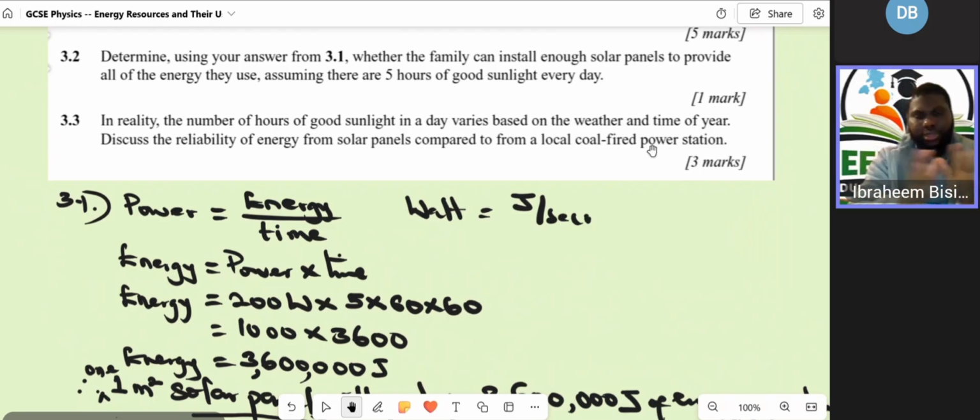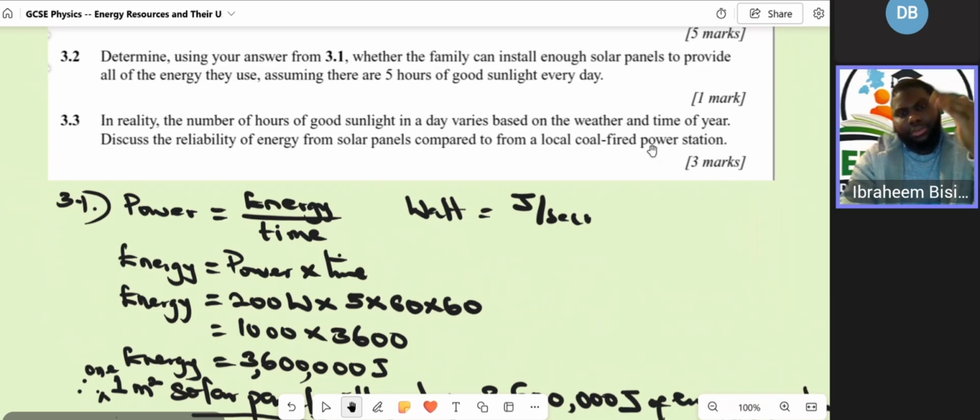To put it simply, you just say that the solar energy could be reliable if there is a steady sunlight, as seen in this example, where there is regular supply of sunlight for 5 hours in a day.